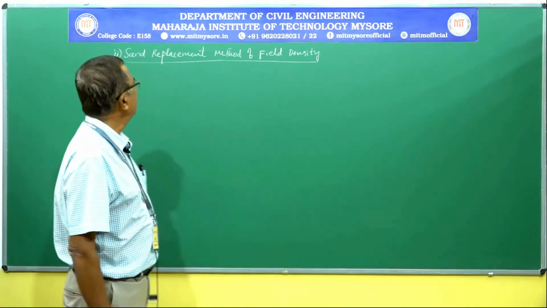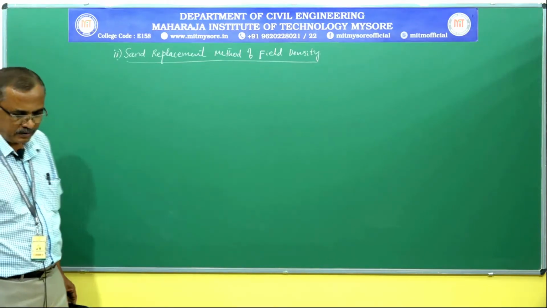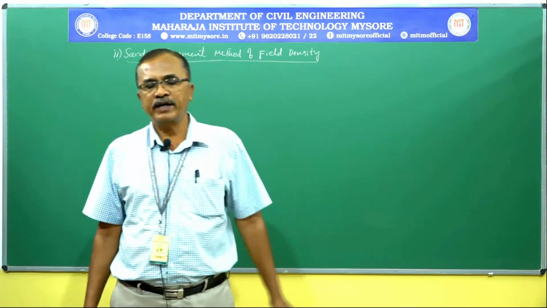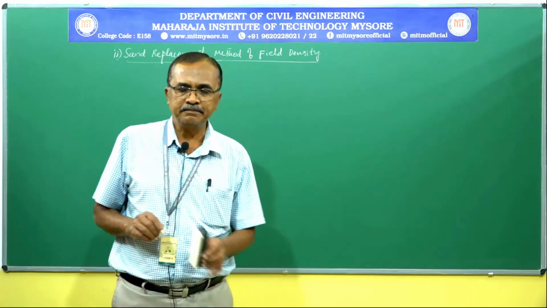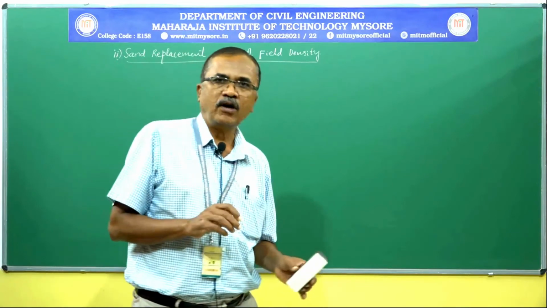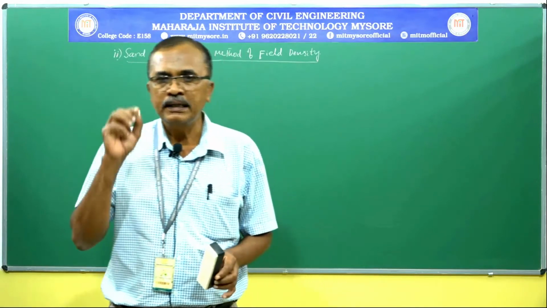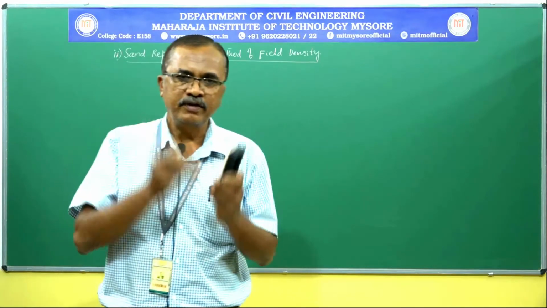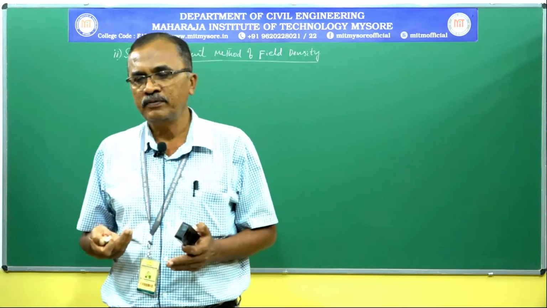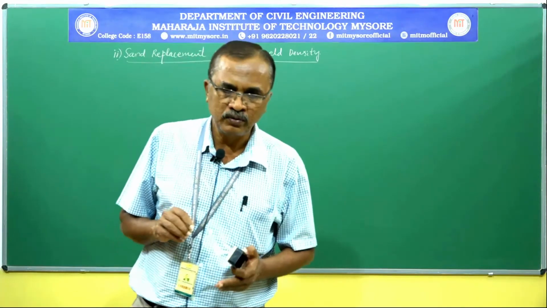The second method of field density is the sand replacement method. It is again an important method, most accurate when compared to the core cutter method. This method comprises making a hole in the field where we require field density, collecting the soil removed from the hole and noting down the weight of the soil removed.